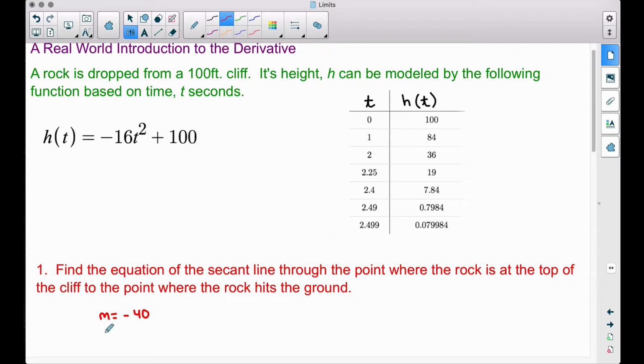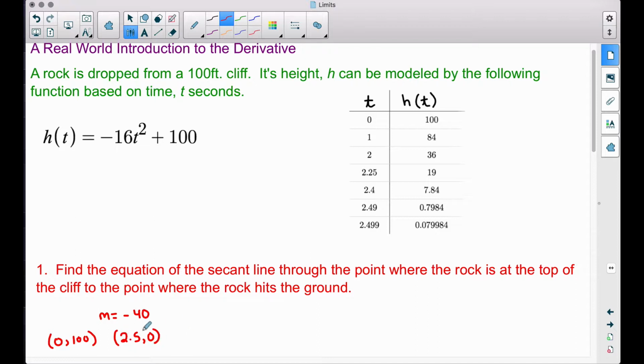And then we had 2 points. Our 2 points were (0, 100) and (2.5, 0). But if you watch that previous video, we kept talking about that (2.5, 0) because ultimately in the previous video, we were trying to figure out how fast that rock was moving at the instant it hit the ground.